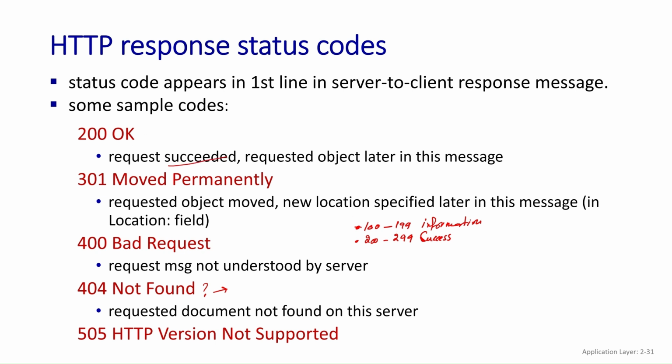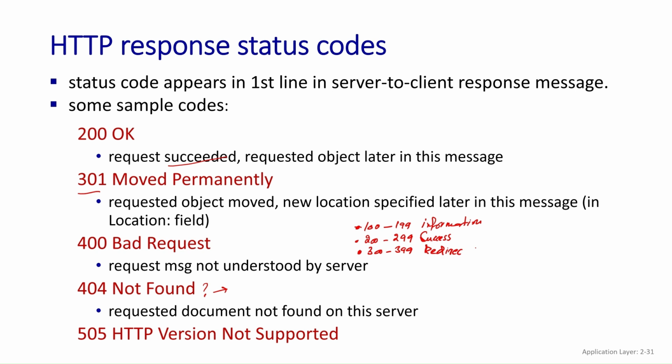Then from 300 to 399, it indicates redirection. For example, look at this: 301 is telling us that it has moved permanently, right? So from 300 to 399, it indicates redirection.